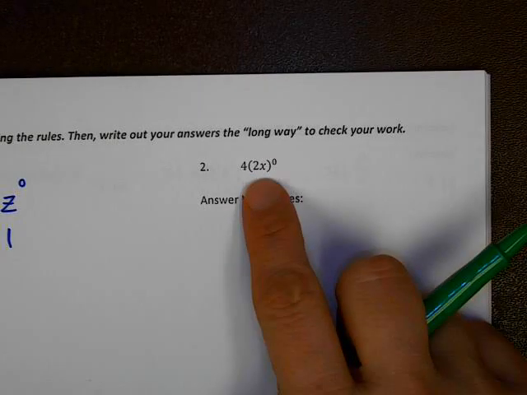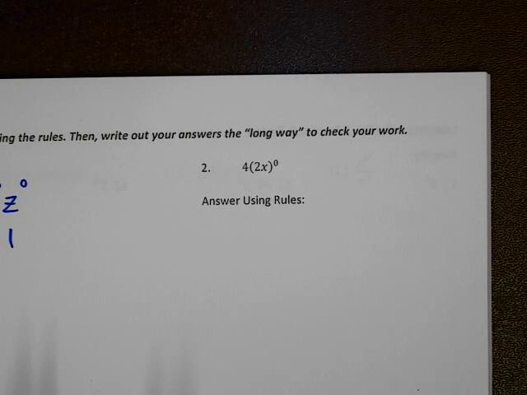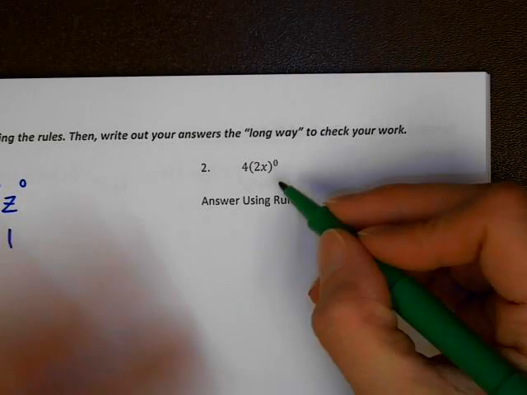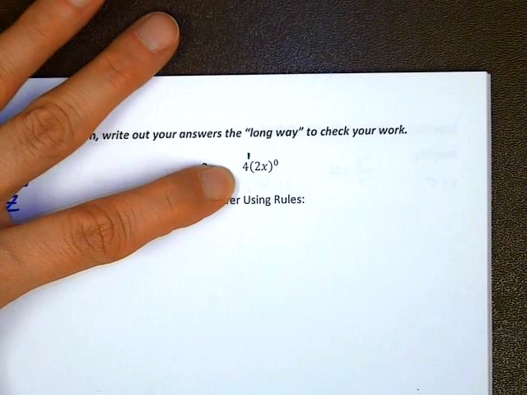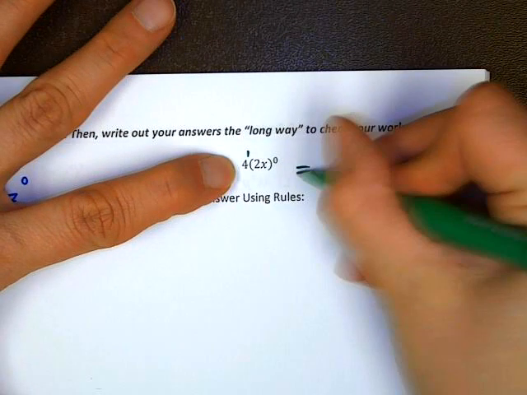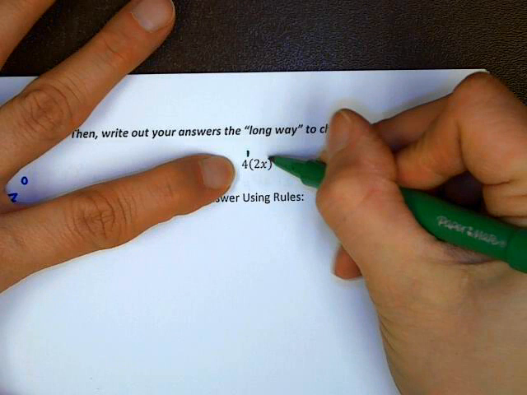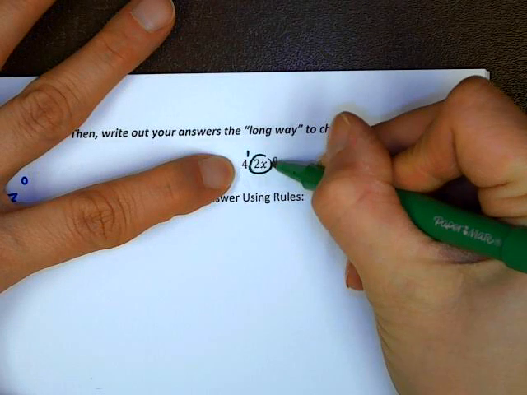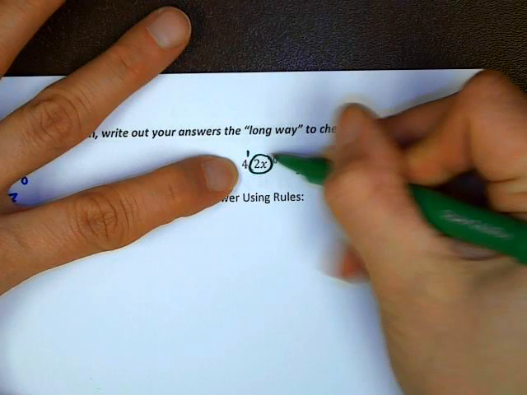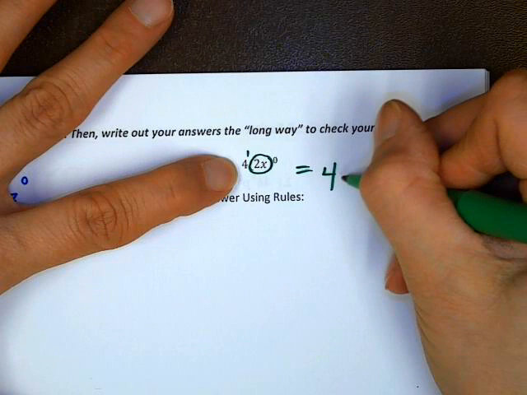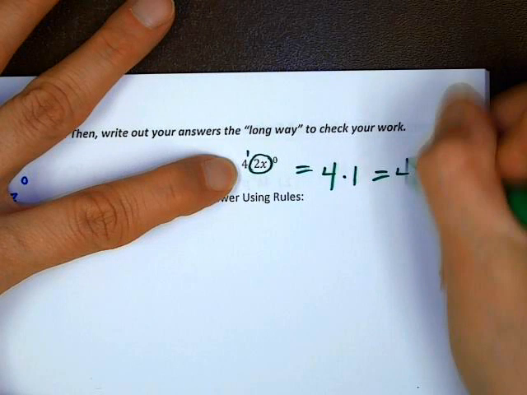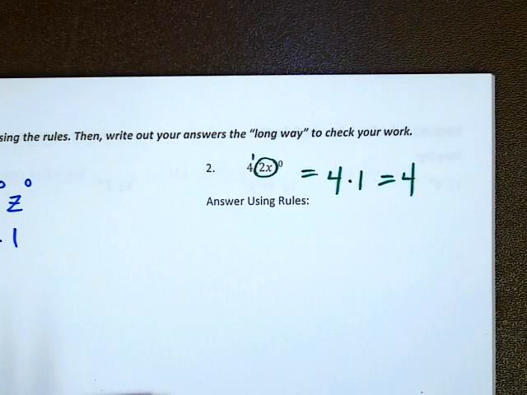Taking a look at this one here, everything doesn't turn into a 1. Only the things that have a 0 power. Does 4 turn into a 1? No, a 4 is a 4. What about this stuff here? This stuff all has the 0 power, so that's all going to turn into 1. You could say 4 times 1 makes 4, or you could just say 4.